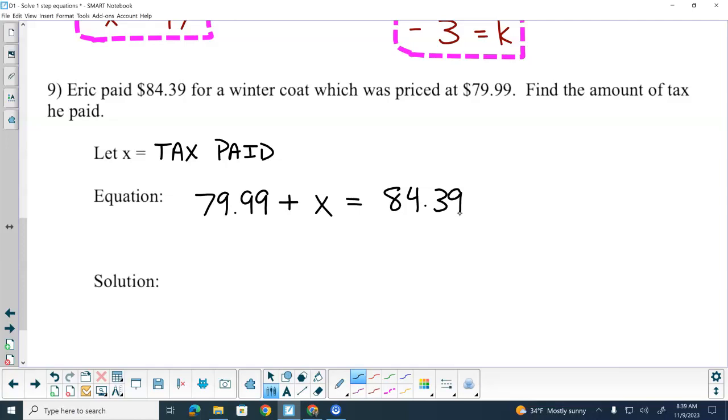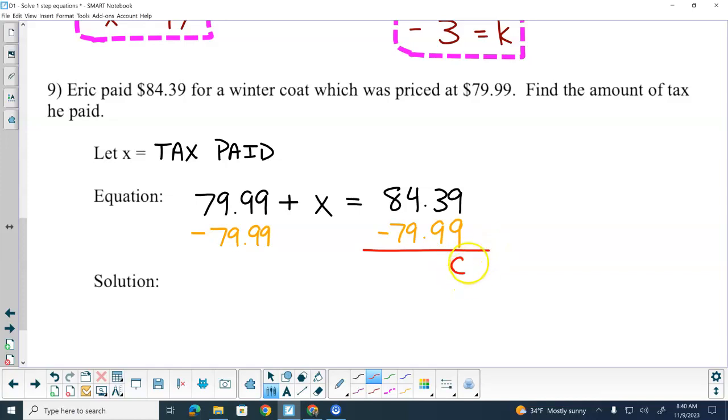Okay. All right. So how am I going to solve this problem? What do you got? Talk to me. So I'm going to subtract $79.99 from both sides. All right, let's do some old school subtraction here. 9 minus 9.